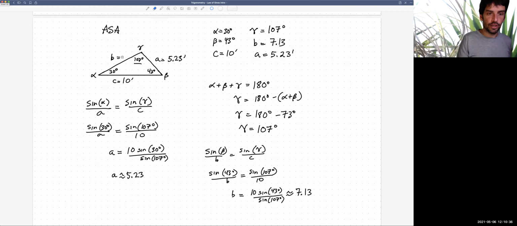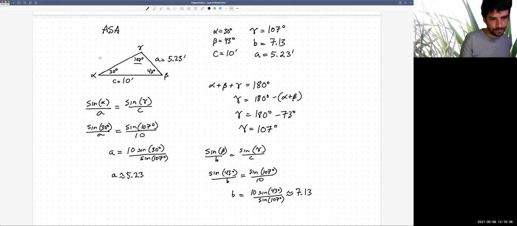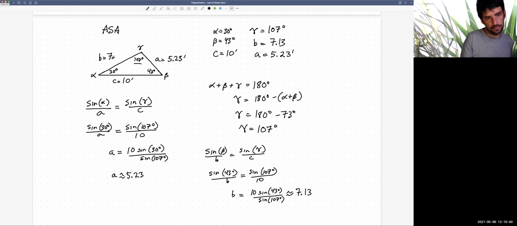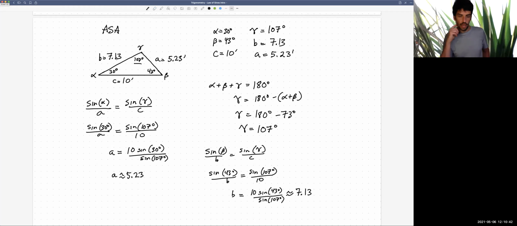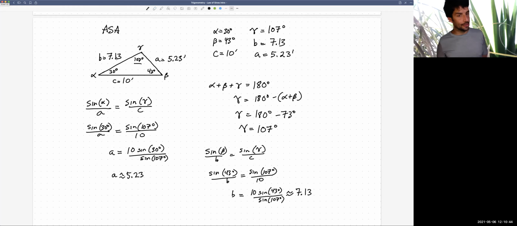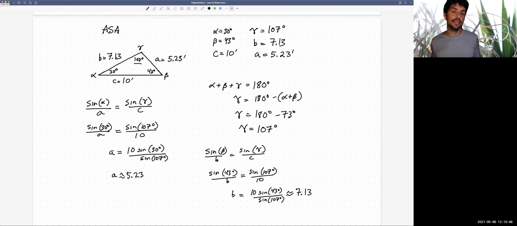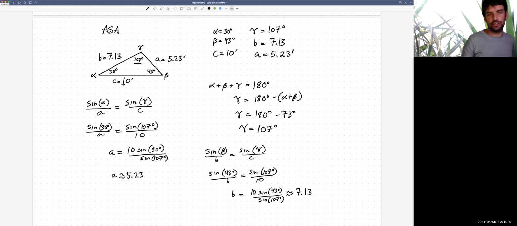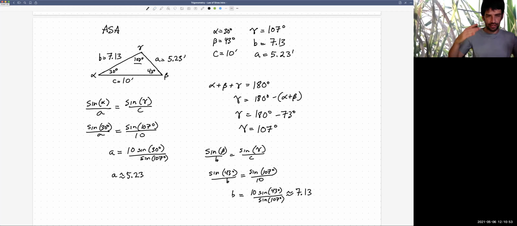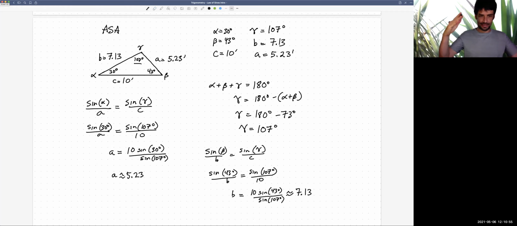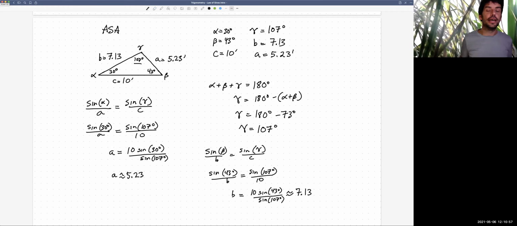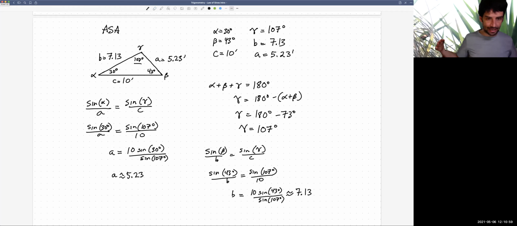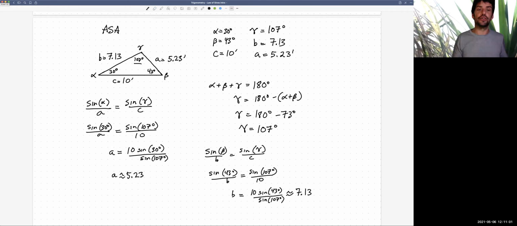All right, so let's just notice a couple of things. A good check is always to have something in our head to see if we've made any silly mistakes. So if you picture this triangle, 30 and 43 degrees, they're not that different from each other. And we can imagine how they would point together to make this triangle.